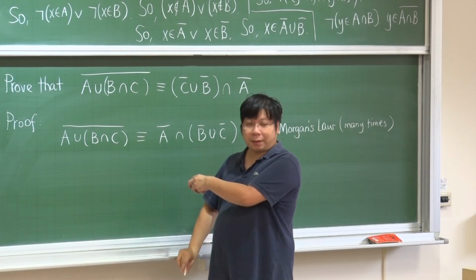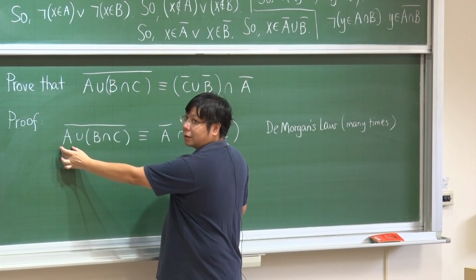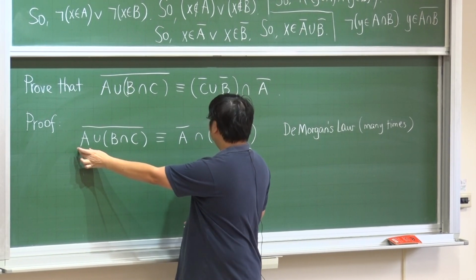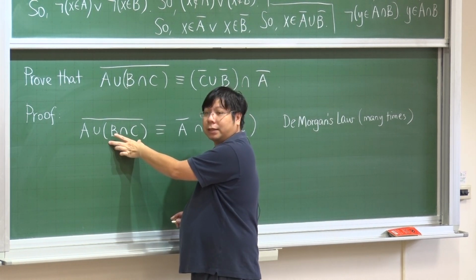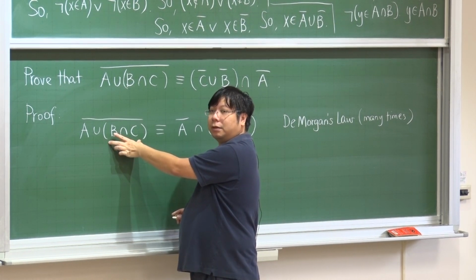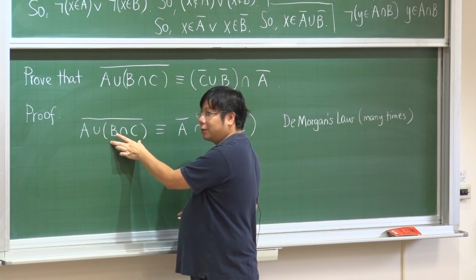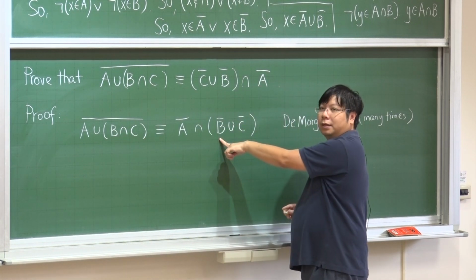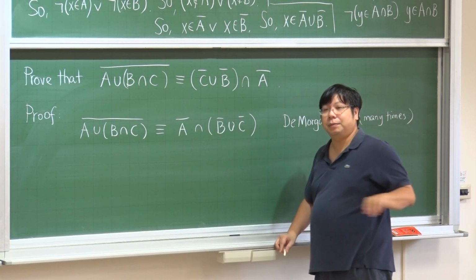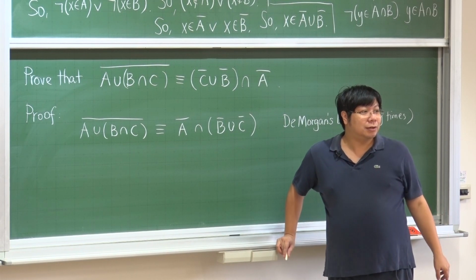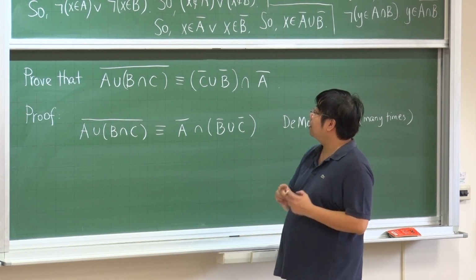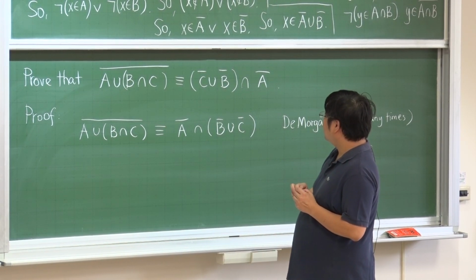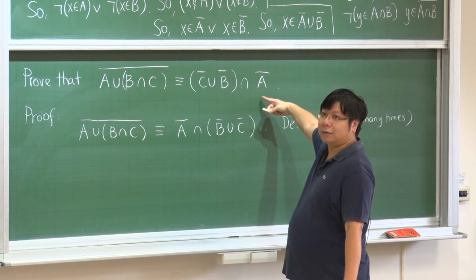If you just apply De Morgan's law once, you have the complement of A intersect the complement of B intersect C. But we will need De Morgan's law again on this part so that this becomes the complement of B union the complement of C. Is that okay? But anyway, this is De Morgan's law and De Morgan's law. We have this one.